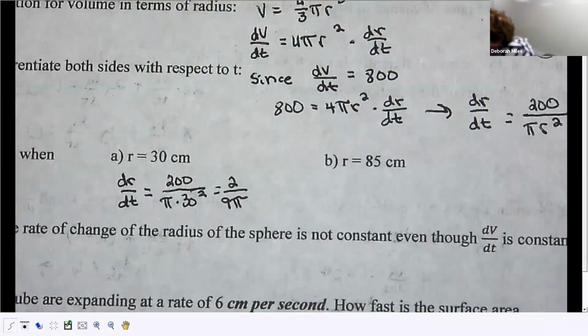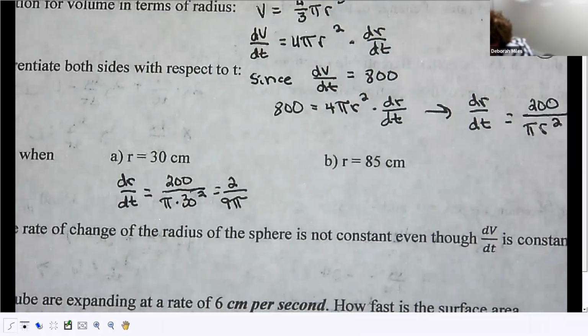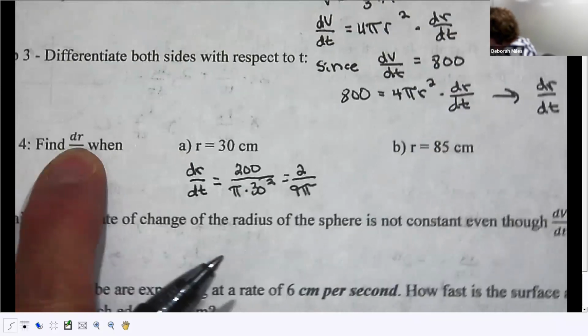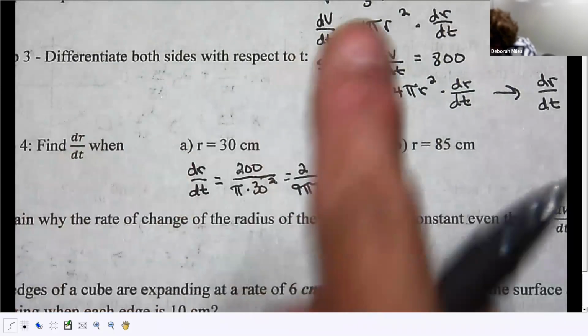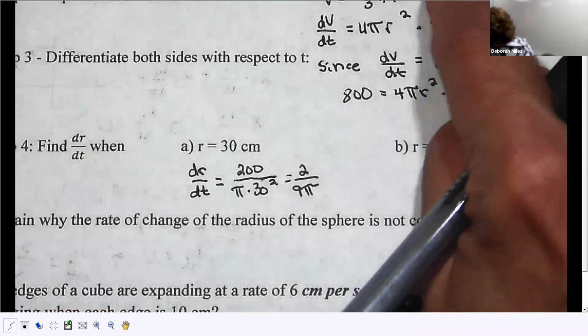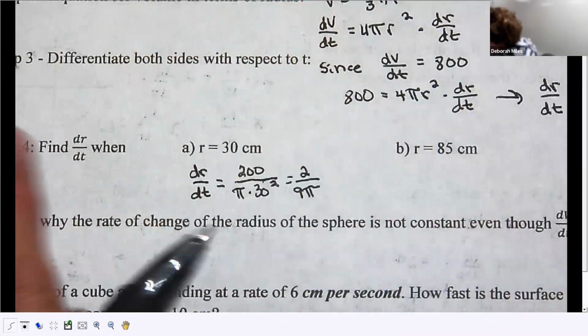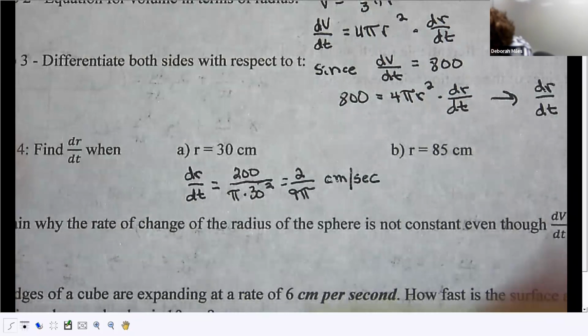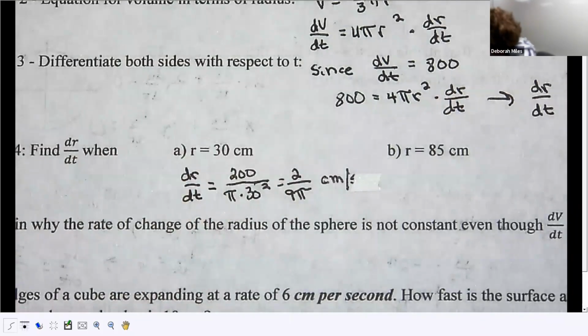And what's the units on that change in R? Is radius measured in cubic something? It's just centimeters. If volume is cubic centimeters, then radius is just centimeters. So that would be centimeters per second. Oh, not second, it's minute. That's kind of important.